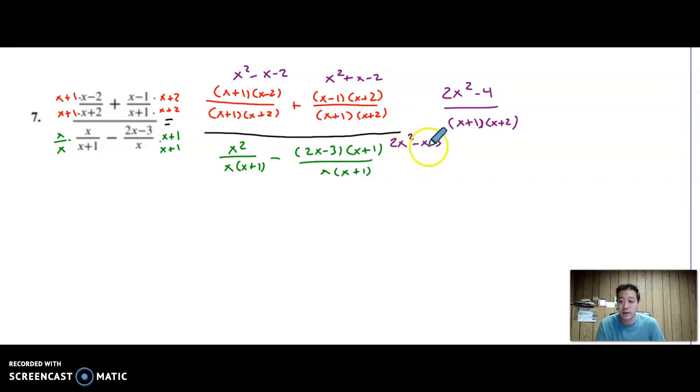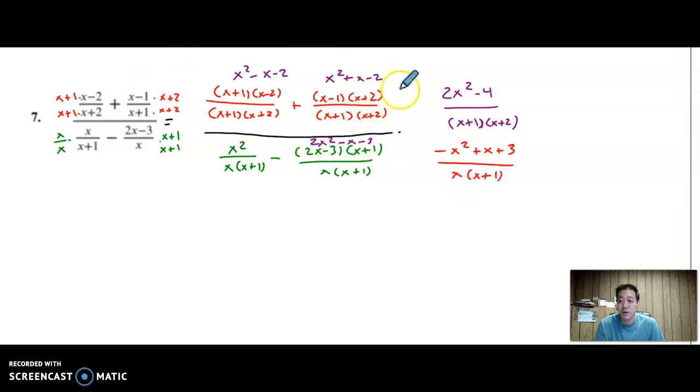And then that's going to be 2x squared minus x minus 3. And also don't forget, since it's a subtraction, you have to distribute that negative. And so that's going to be negative x squared plus x plus 3, because negative times negative here.